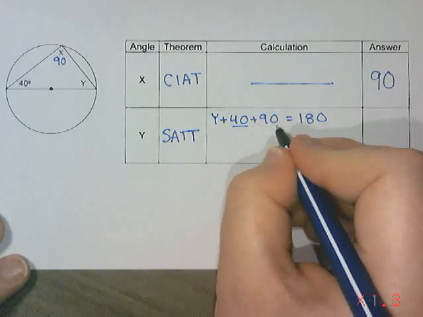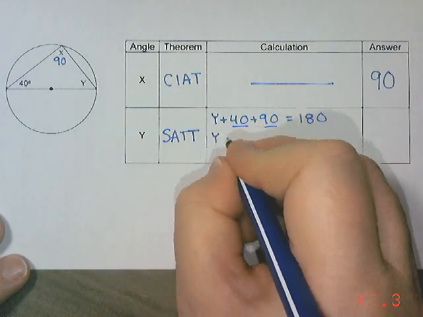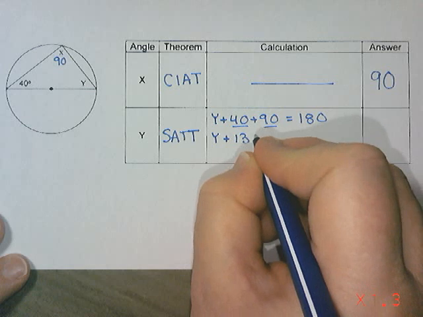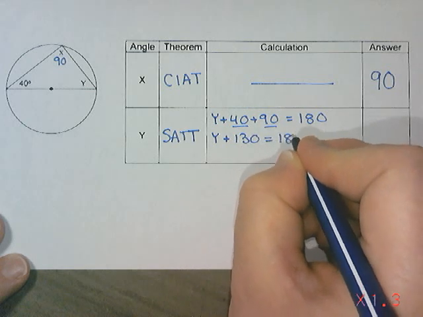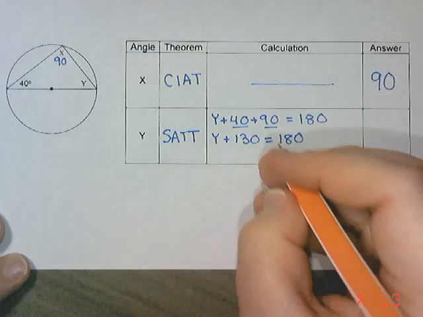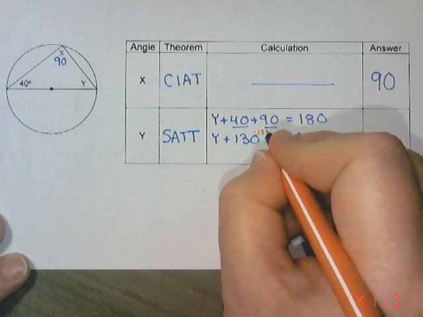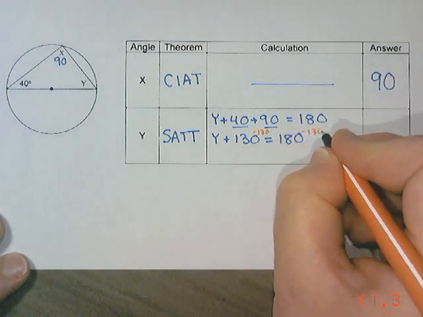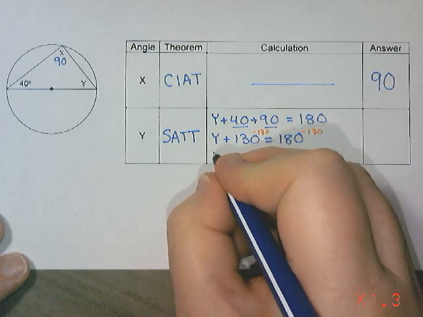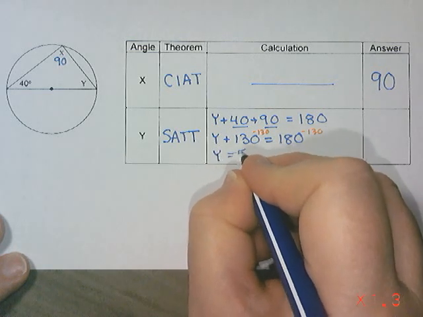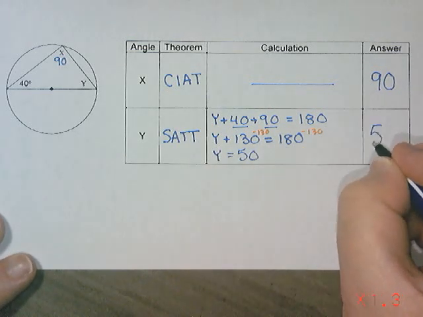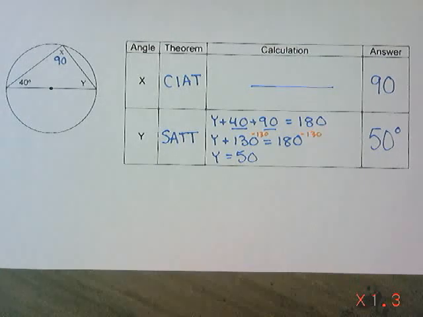I'm going to collect up my like terms here. 40 and 90 is 130. And then if I subtract 130 from both sides, I get that y equals 50 degrees. All right, that is it for our geometry review.